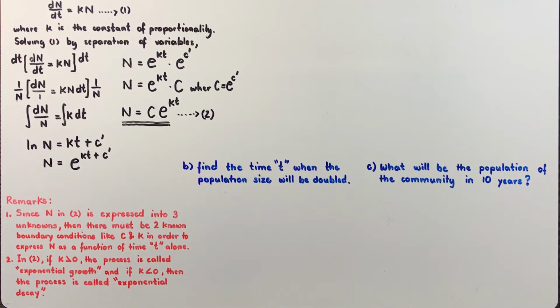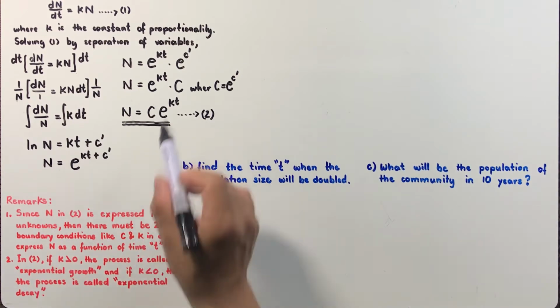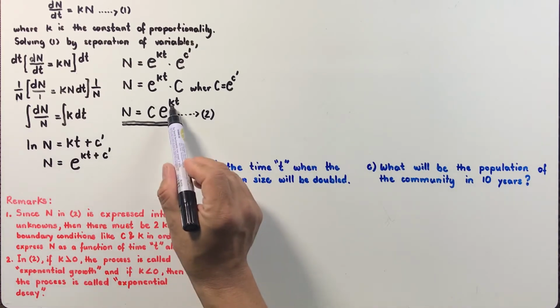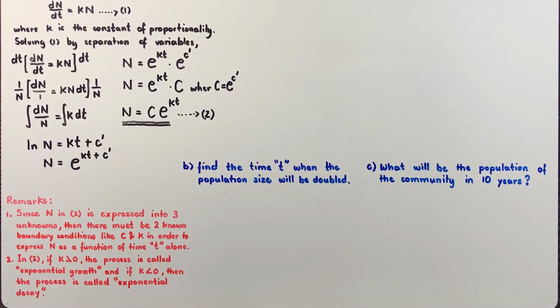Now, we have two remarks describing our equation 2. Number 1: since the big N in equation 2 is expressed in terms of three unknowns, namely c, k, and t, there must be two known boundary conditions to determine c and k in order to express N as a function of time t alone.